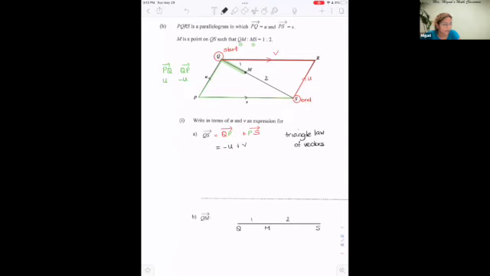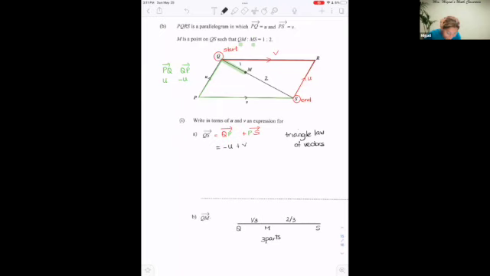What is the total number of parts? 3? Very good. So this line is split into 3 parts. So therefore, QM is 1/3 and MS is 2/3.